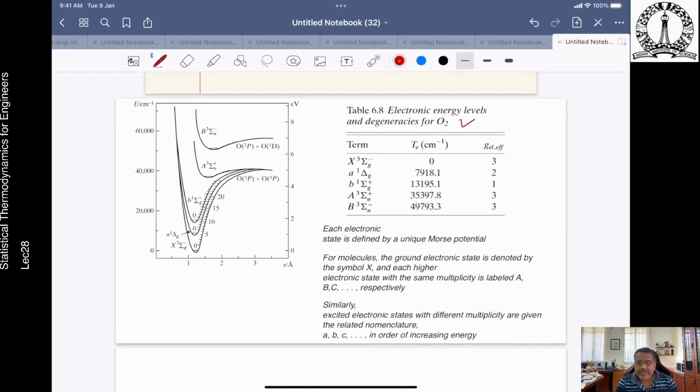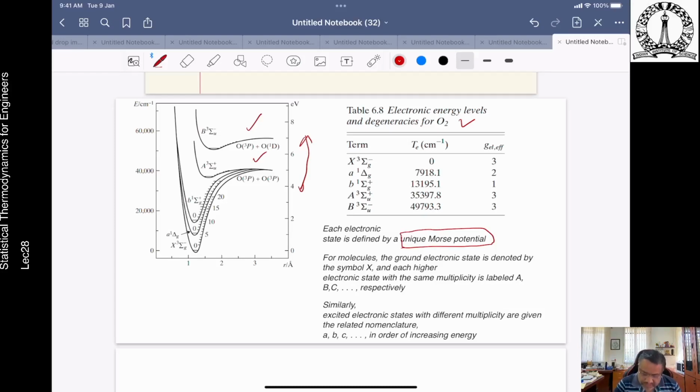Now, if you look at this diagram carefully, you will see that each electronic state is defined by a unique Morse potential. We already covered what a Morse potential is. Each of these electronic energy states is represented by its own Morse potential.